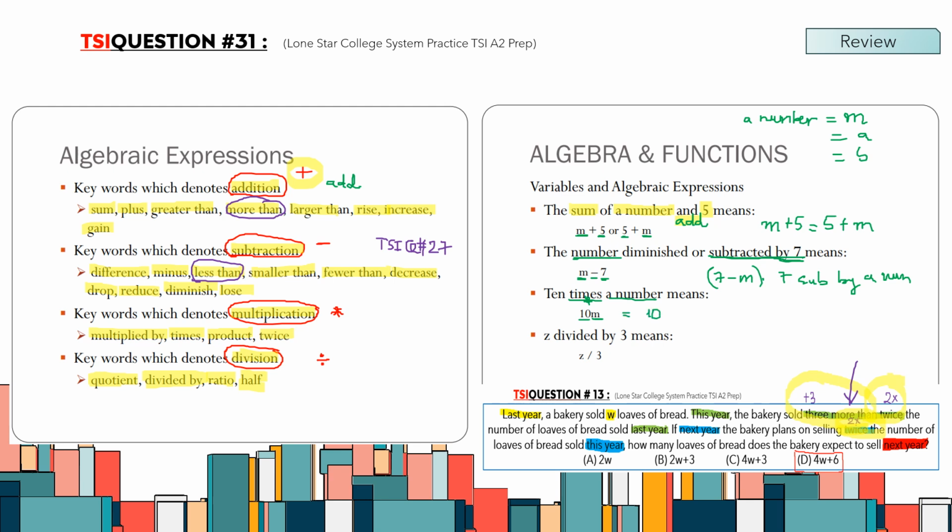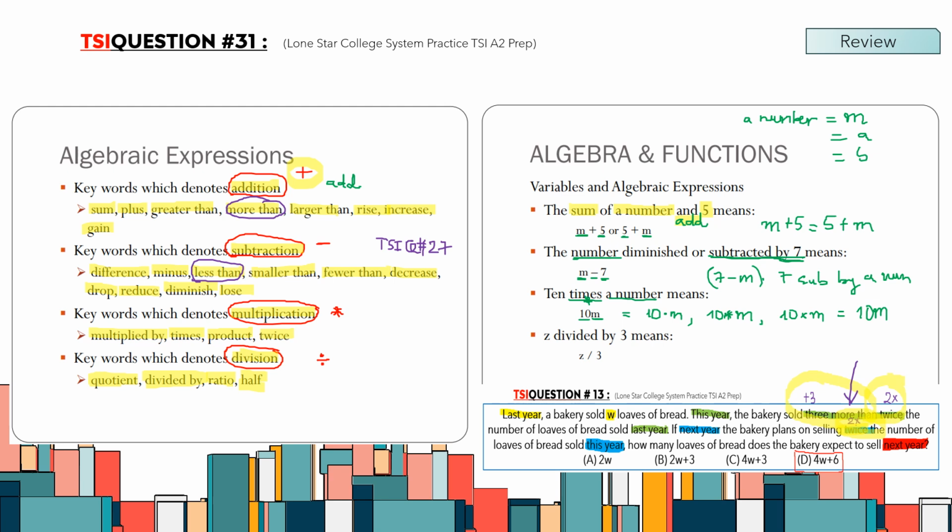We can also separate them with a dot, or you can write 10 and then a star, m. We could also use the x, but it's easy to confuse with the letter x, so we always use the star or just write the letter and the number closely together.